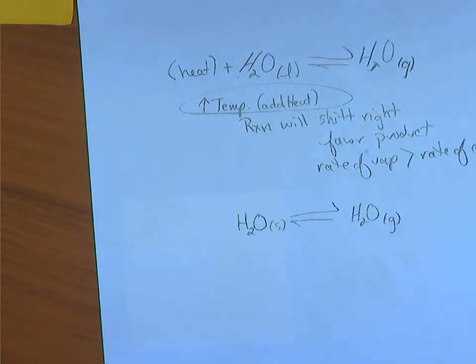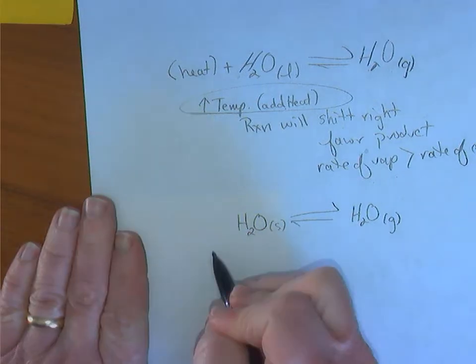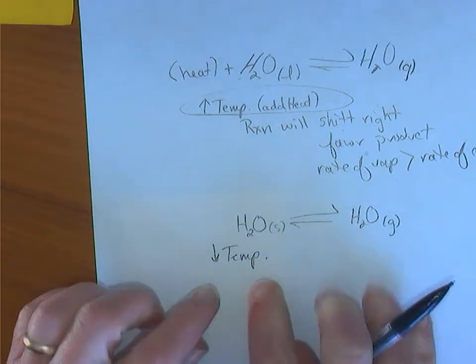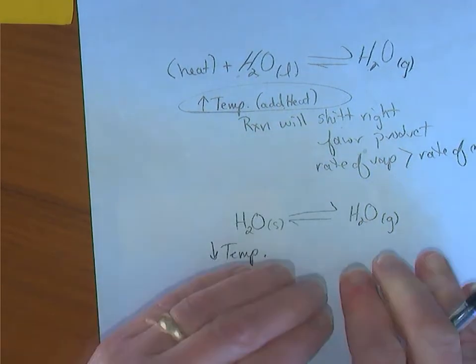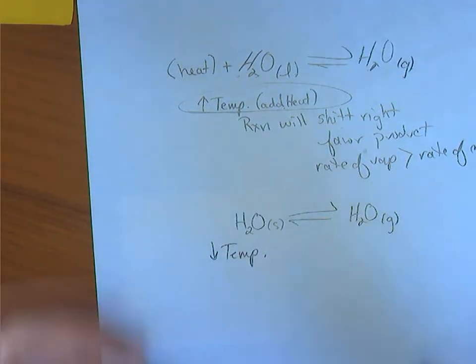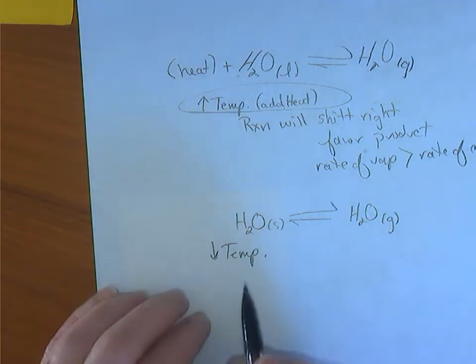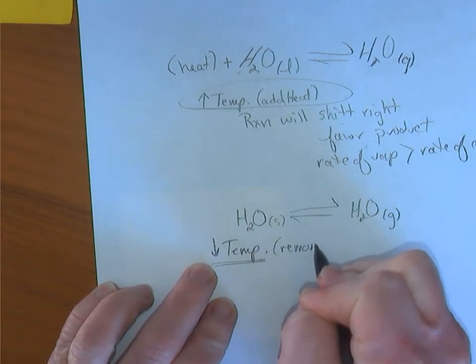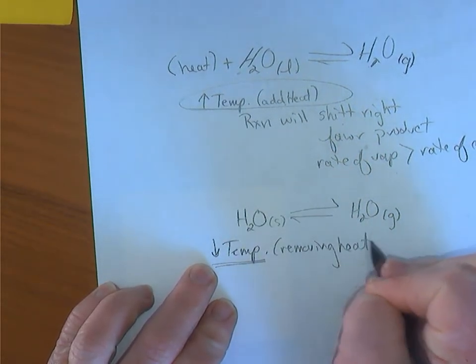All right, well, what if we would decrease temperature? All right, what side will naturally form more, if you will? Or we could say, when we're dealing with temperature, here we are removing heat if we're decreasing temperature.